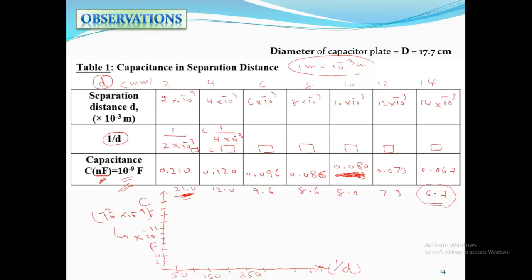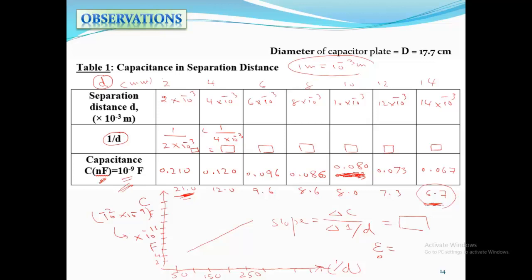For example, if you have this one 6.7, you can calculate this one, you will mark it and write down here. So you select all the points here, and then you will draw a graph and you will find out the slope, del C over del 1 by D. This slope you will be using for the calculation of the unknown permittivity.